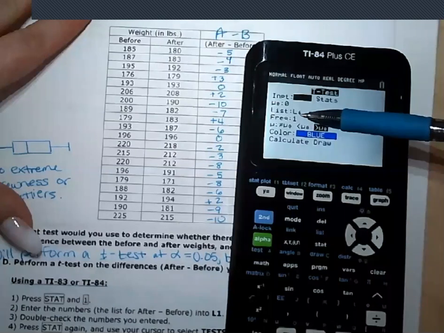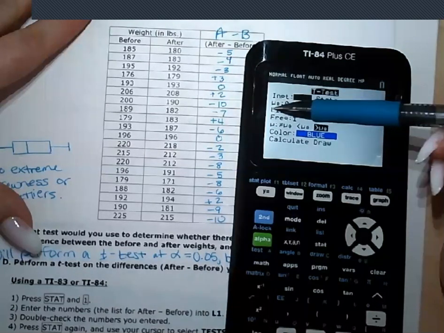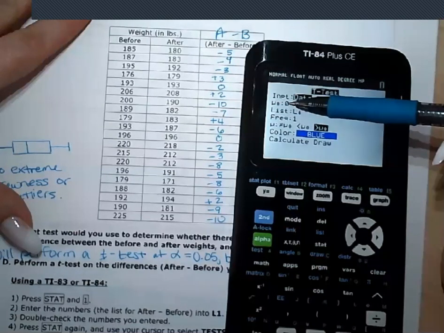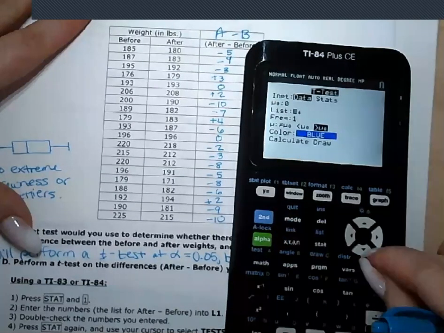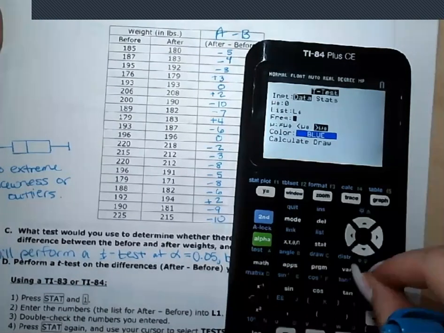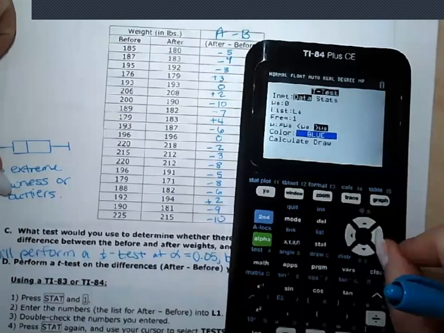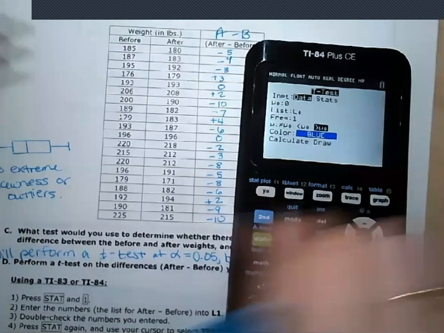Okay, so mu sub 0, that's our null hypothesis, of course, is that the difference is 0. Our data is in list 6. No frequency. We wanted the data to be less than. Yeah, it was less than, wasn't it?